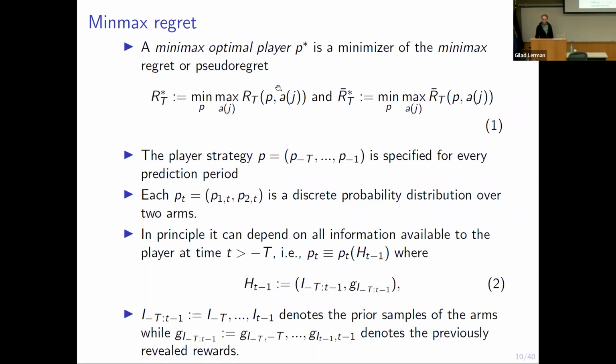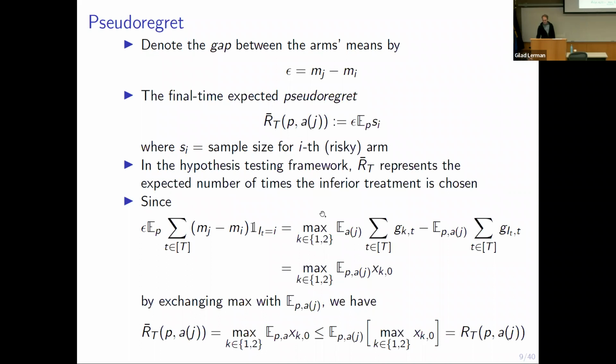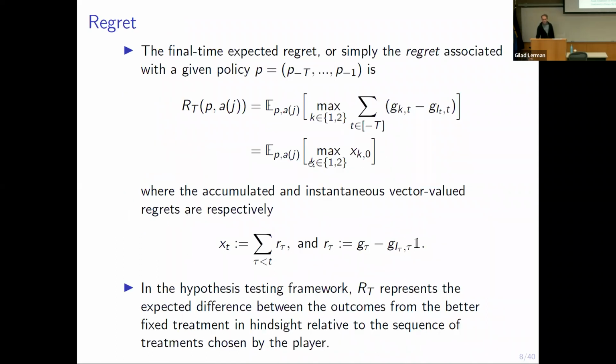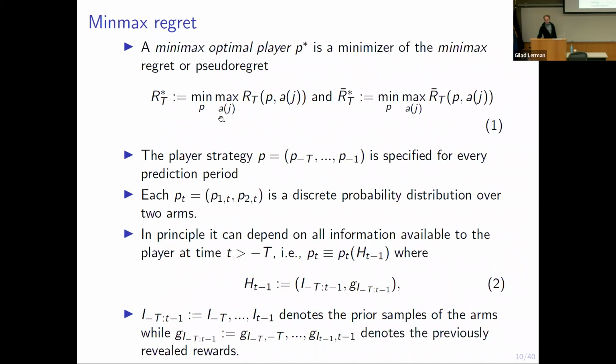Yes, exactly. That max is inside the expectation. This is at the final time, so this represents the final value. This max is in the beginning of the game, sort of outside. So the way this game works is, in the beginning, the adversary determines, knowing the policy, right?